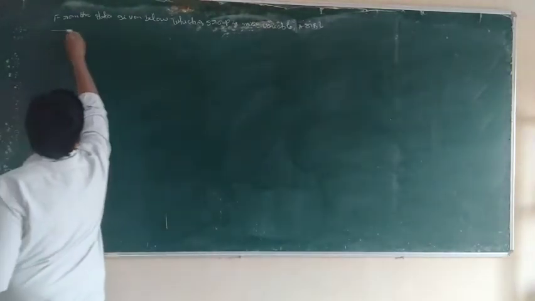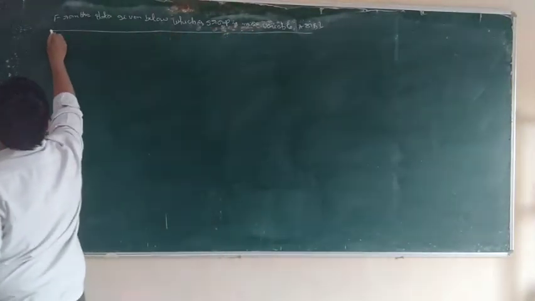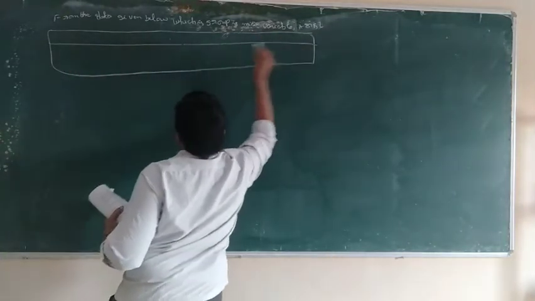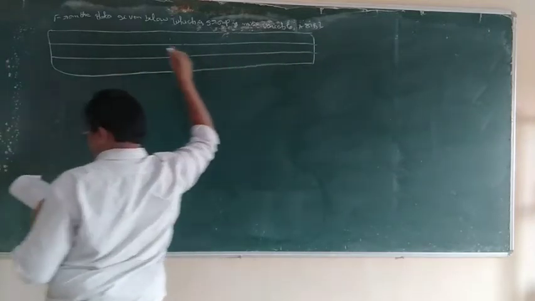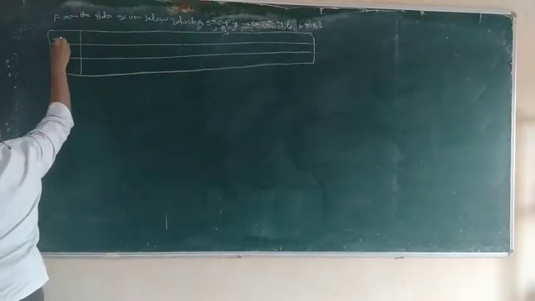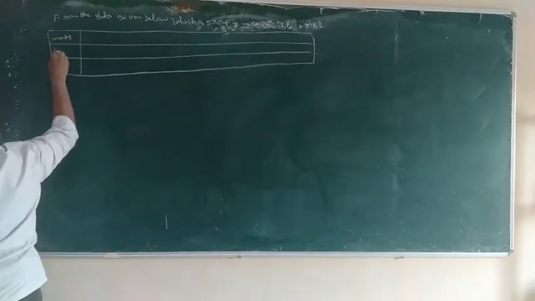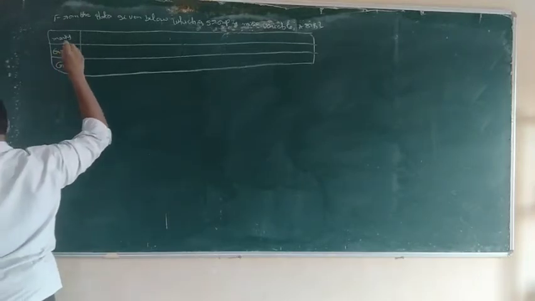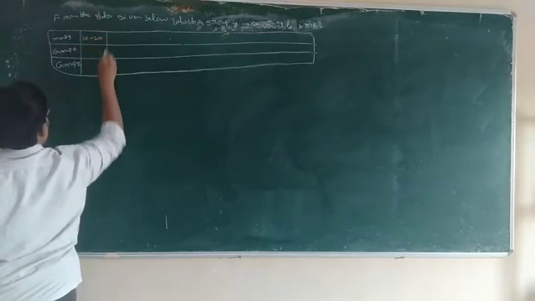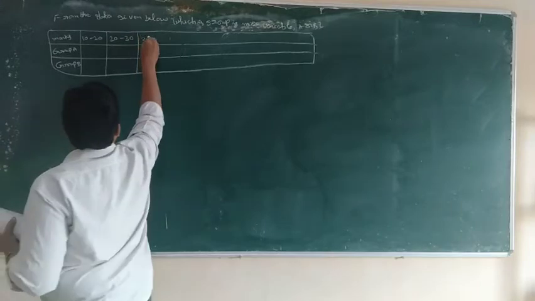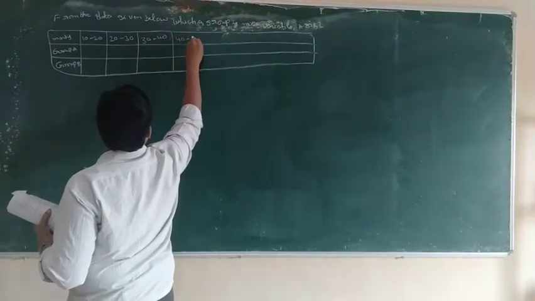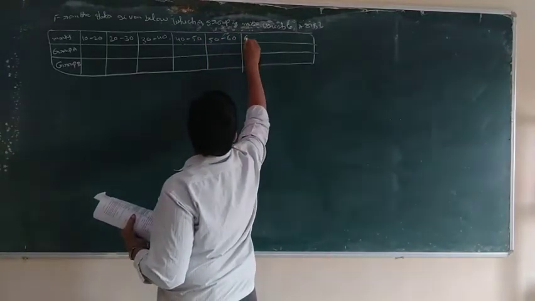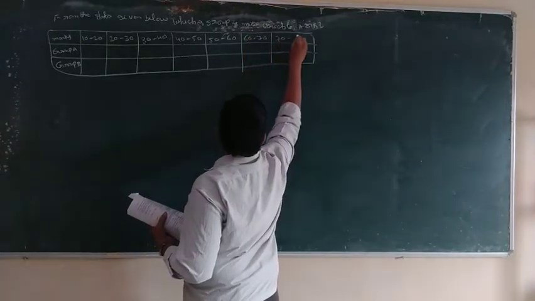So the data: marks, group A, group B. 10 to 20, 20 to 30, 30 to 40, 40 to 50, 50 to 60, 60 to 70, 70 to 80.